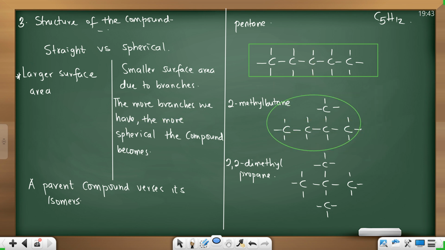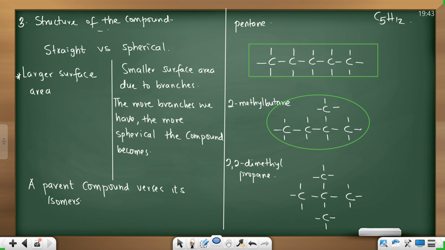Right? It's no longer straight. And look at the last one. Can you see that that one is actually a lot more? That's what we mean. The more side chains it has, the more spherical it becomes.